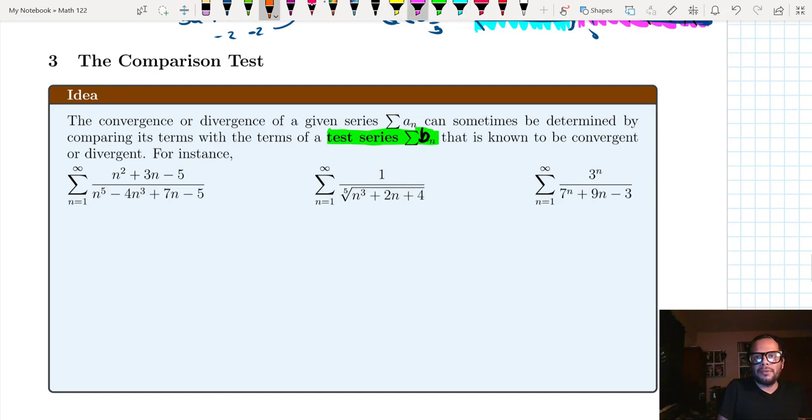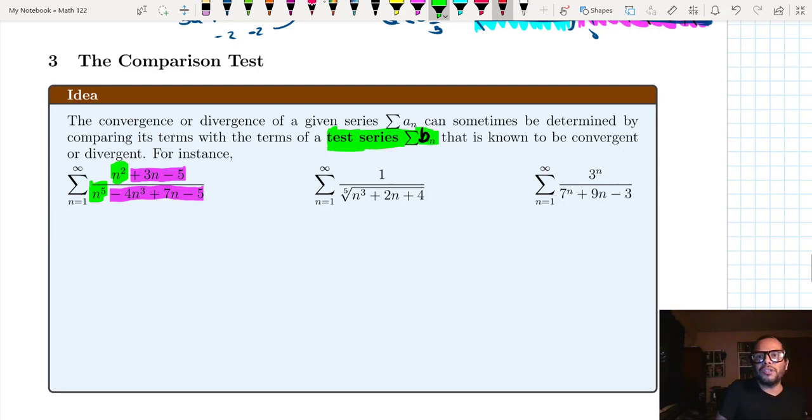Okay, so this is what we do. Suppose for this ugly looking series that all these terms are not in the series. Ultimately, the behavior of a rational expression like the one we have over here, or polynomial numerator over denominator, the end behavior is given by their leading terms, the ones that I'm highlighting in green. That is how I'm going to get this so-called test series.